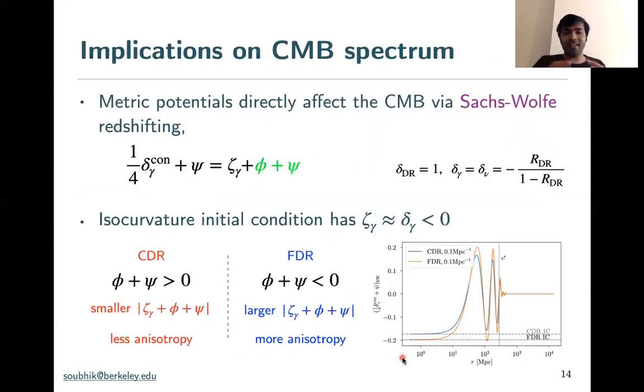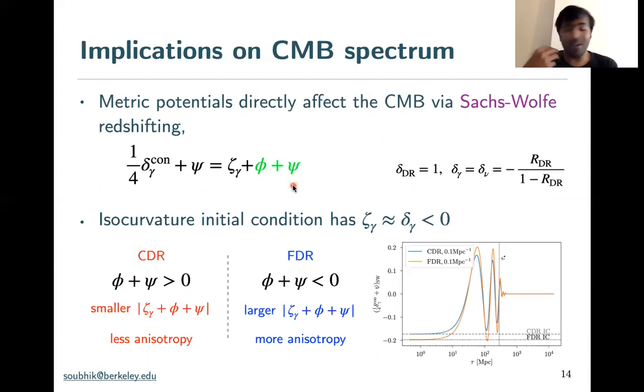So now, finally, let's translate all of this into the photon perturbations, because that's how the dark radiation can communicate with the photon perturbations via the metric perturbations. For that, you can again look at the Sachs-Wolfe term, and you can write it in terms of the gauge invariant photon perturbations and this combination of the metric potentials that I was just discussing.